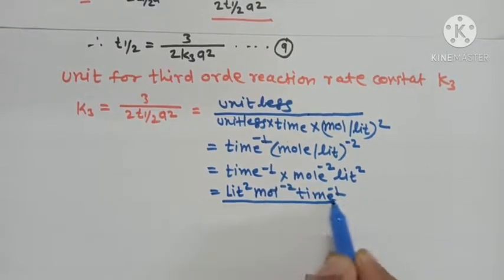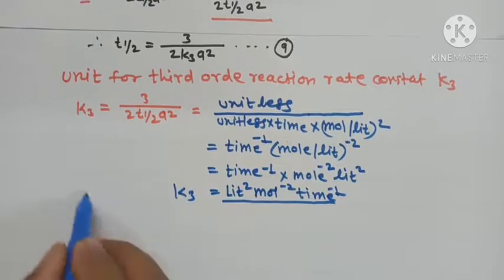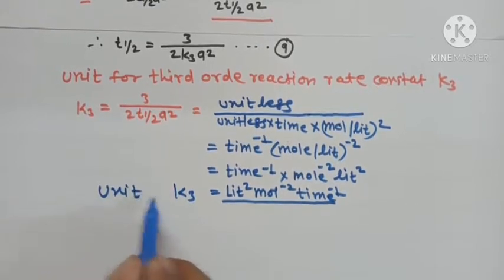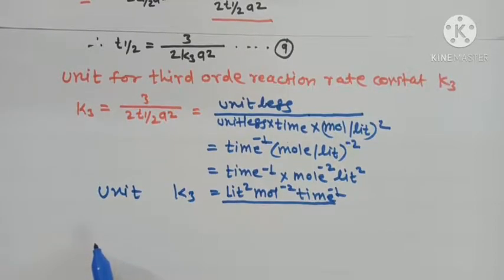So this is the unit for k3, the third order rate constant.